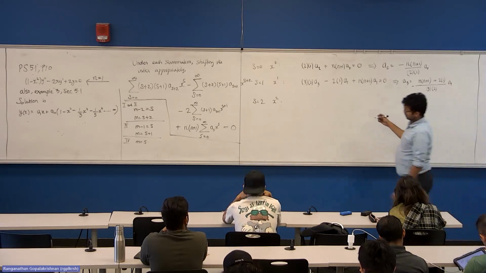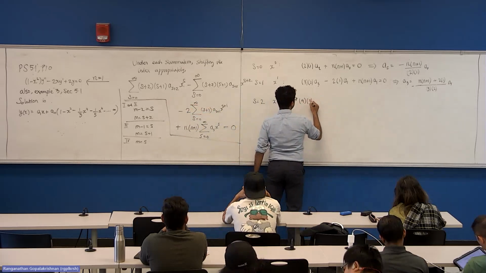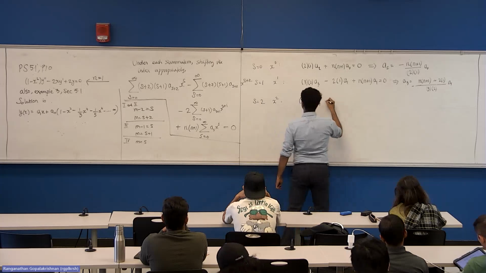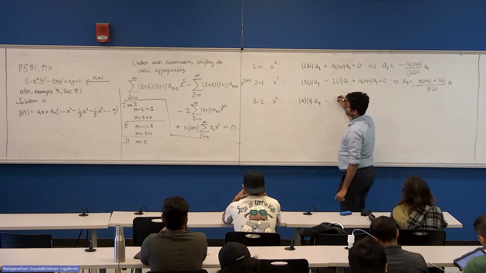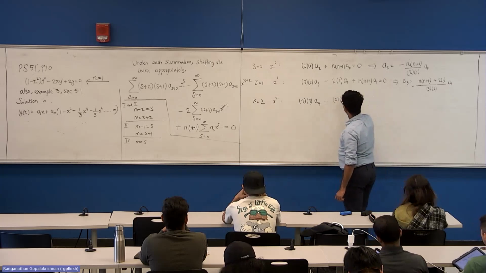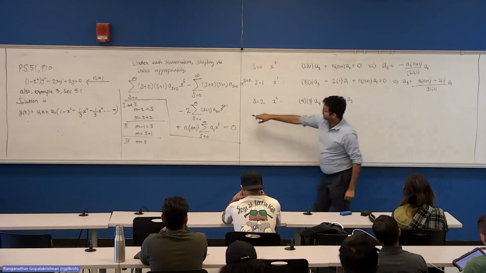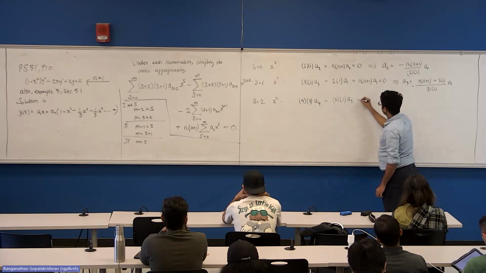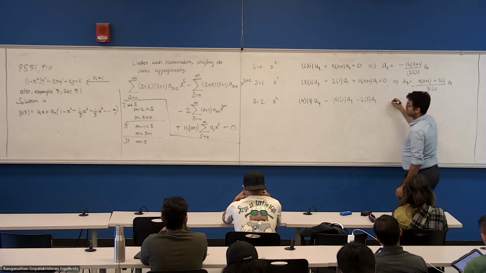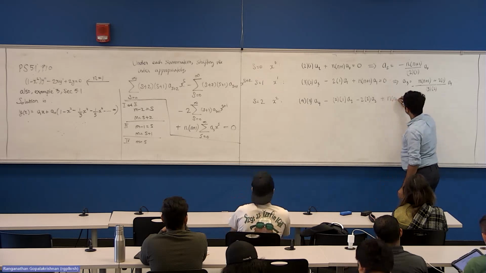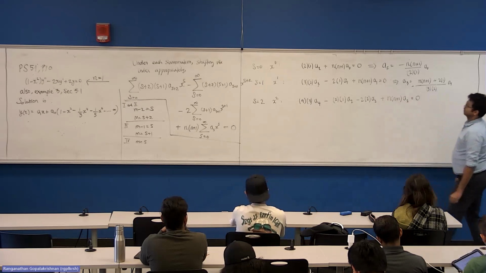Let's do x squared. I want to put s equals 2 here. So that is 4 multiplied by 3 multiplied by A4 minus, again, I can put s equals 0, 2 times 1 times A2. And then the third summation, I need to put s equals 1. So that is minus 2 times 2 multiplied by A2 plus n times n plus 1 times A2 equal to 0.